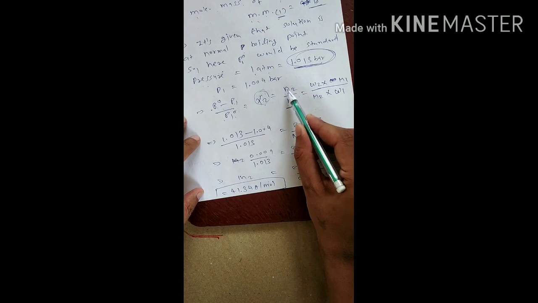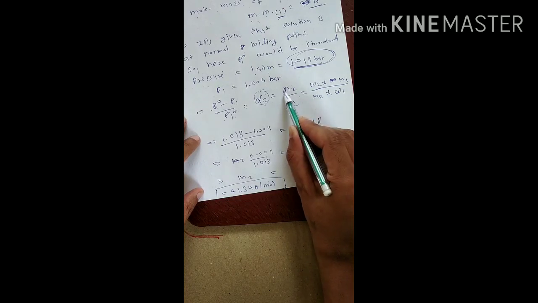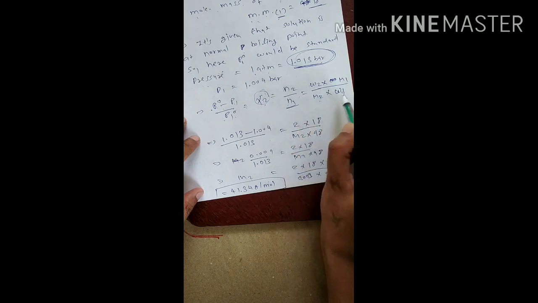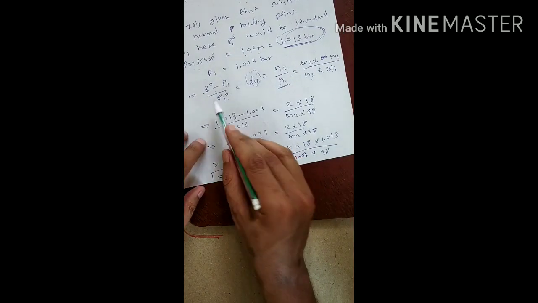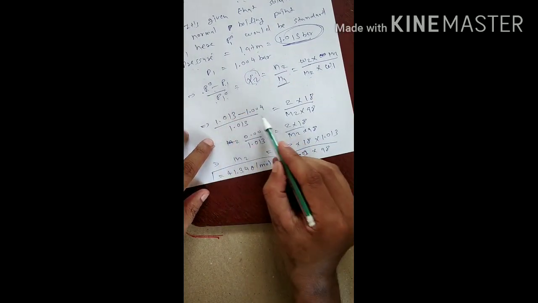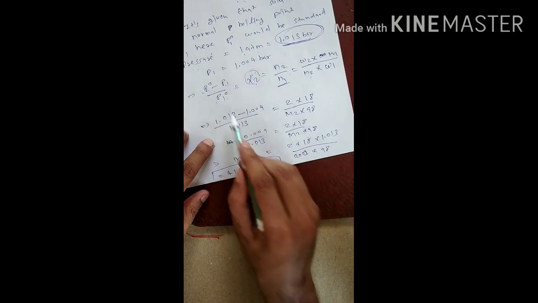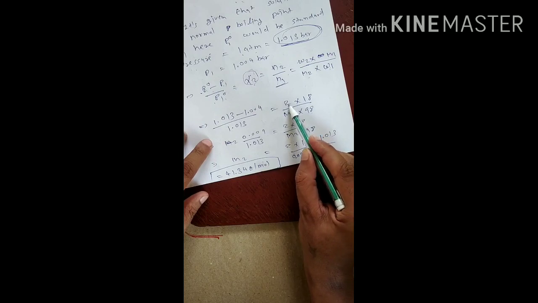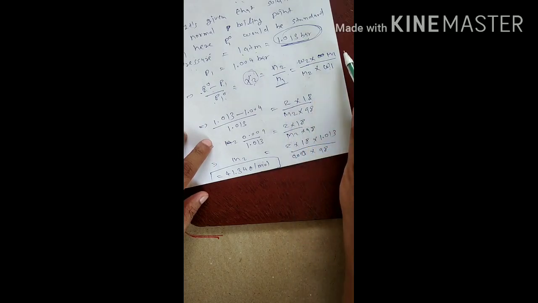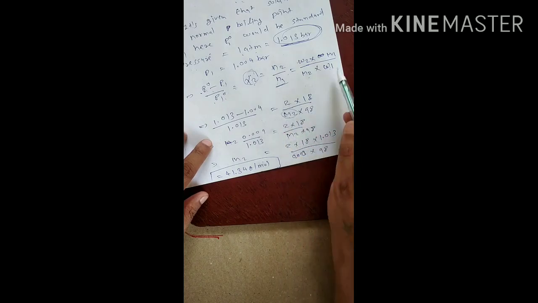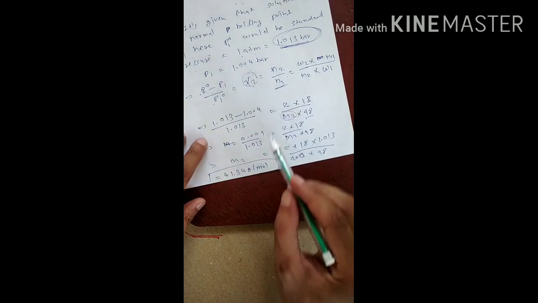The formula for N2, moles of solute, is W2 by M2, and for N1 it is W1 by M1. So P10 you have 1.013, P1 you have 1.004, W2 is given as 2, M1 is 18, M2 you want to find out, and W1 is 98 grams.